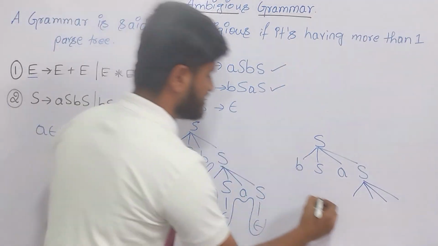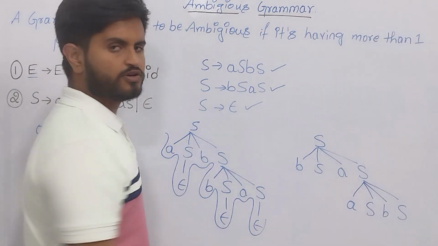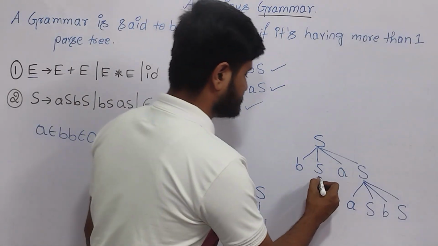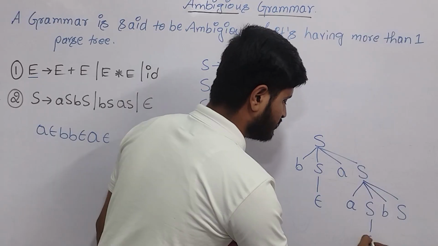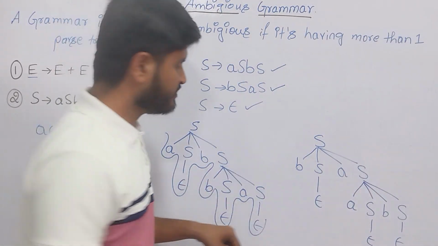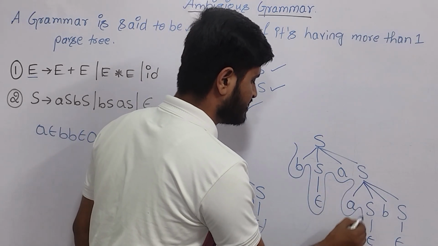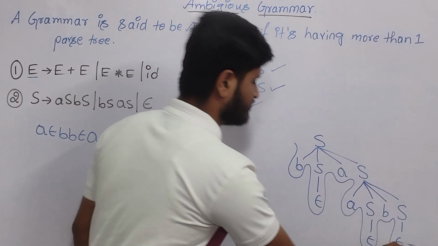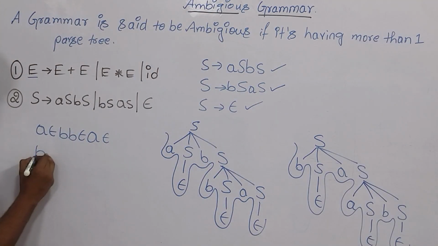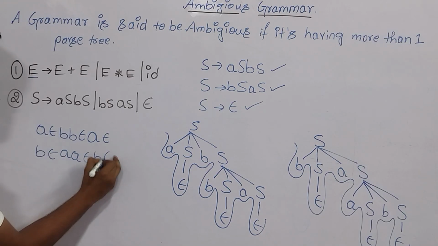So S producing A S B S. Next, S producing epsilon. Wherever S is in a leaf node, write epsilon. Now travel from left to right using all the leaf nodes: B, epsilon, A, epsilon, B, epsilon.